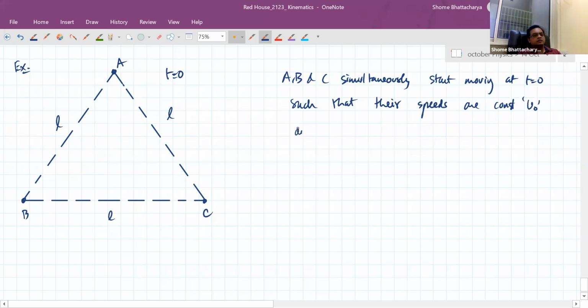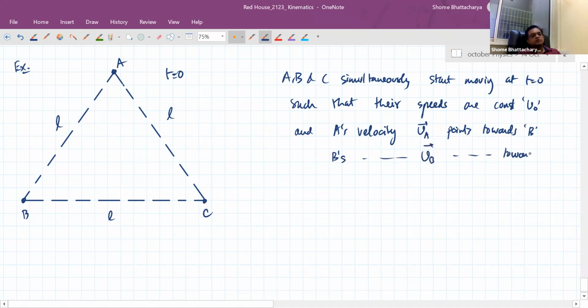Okay, and A's velocity points towards B. B's velocity always points towards C, and C's velocity always points towards A at any instant.